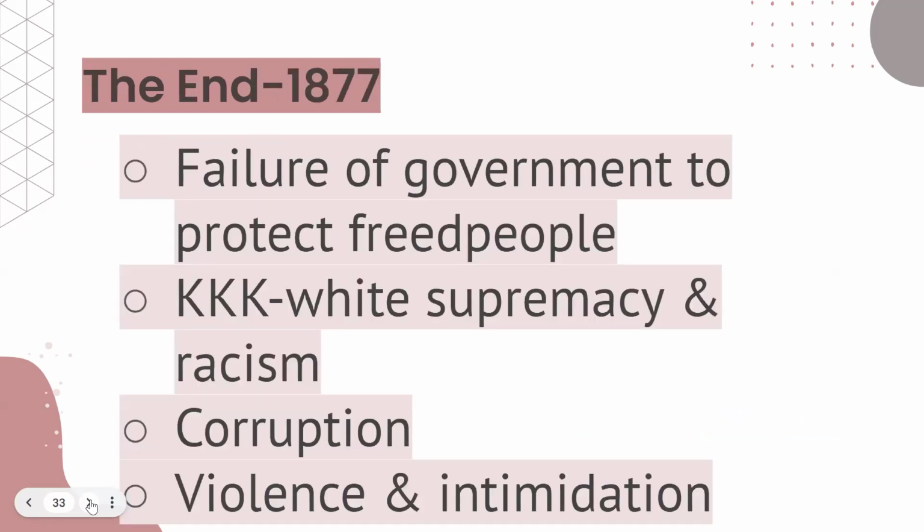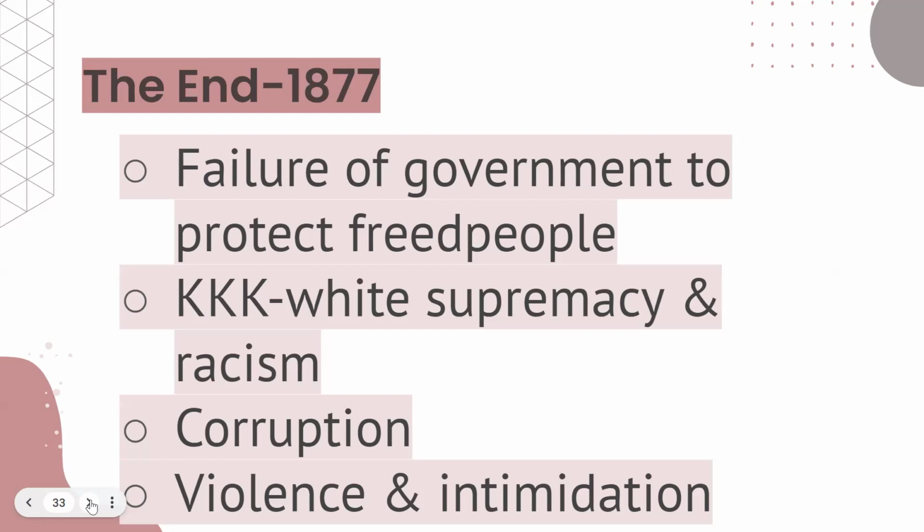So we get to the end of Reconstruction, which is 1877. First things first, it was the failure of the government to protect the freed people. They just didn't do enough. And I think a large part of that had to do with the fact that Abraham Lincoln was assassinated and that the new president was pro South.